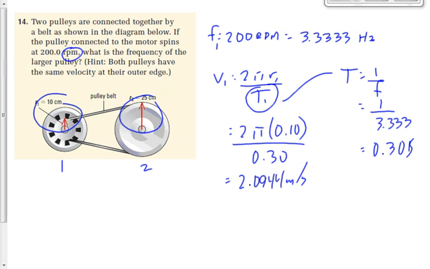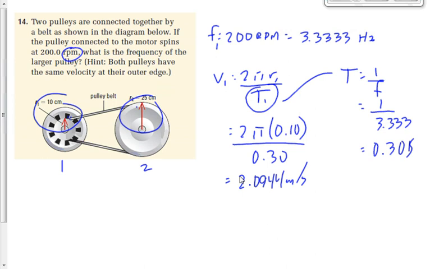Now, I heard somebody say this just a minute ago before we calculated that speed. Somebody said, Stephanie, they both have the same speed, right? The pulley belt is on both of them. You can't have part of the pulley belt on this one going at a certain speed, 2.0944 meters per second, and the same pulley belt on this one going faster or slower. The speed has to be the same.